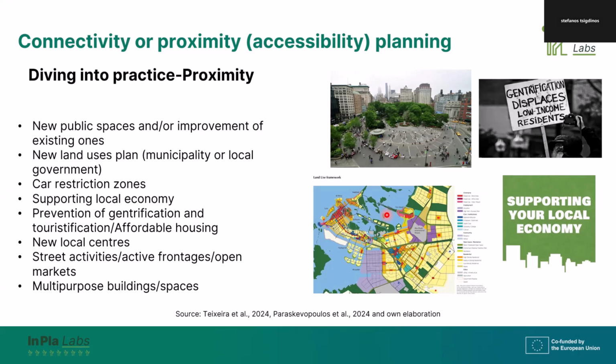So we have the new local centers, very connected to the land uses plan and street activities. These are all measures more connected to the urban aspect, not the transport, but they are very important as they impact the way that we generally live and feel our city.